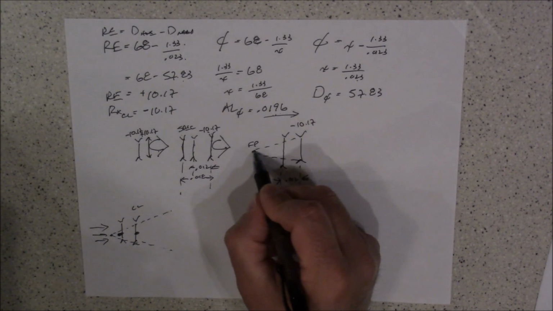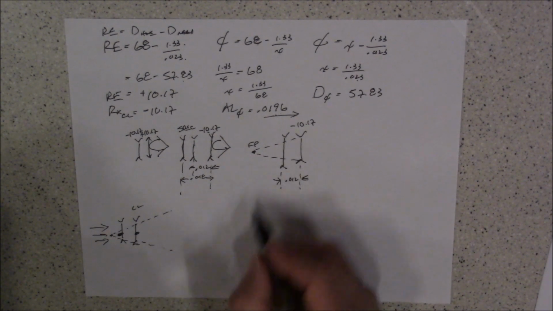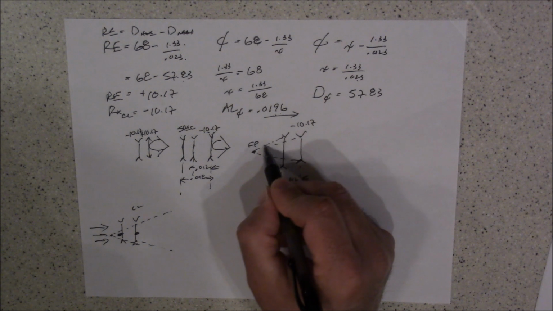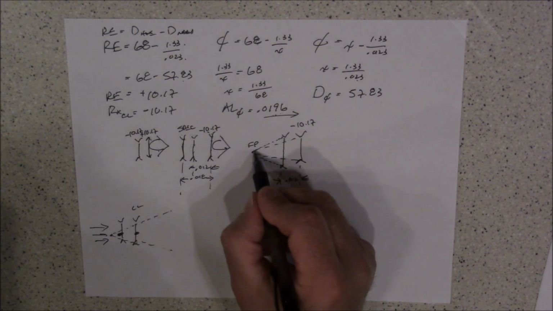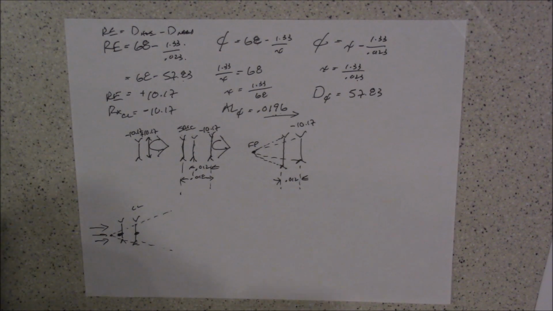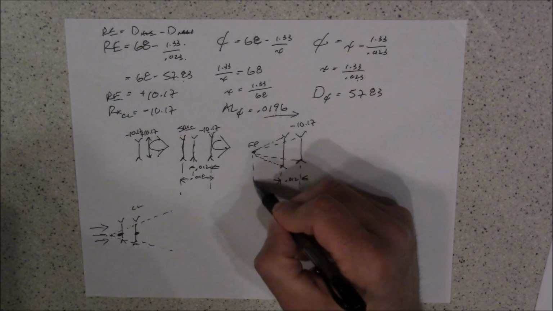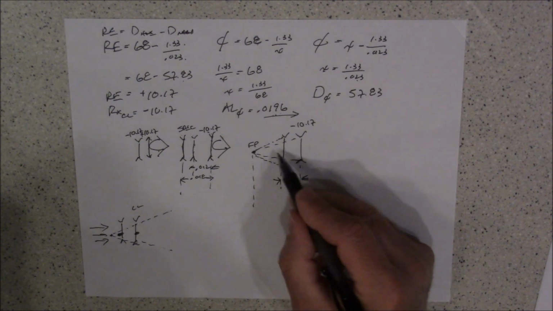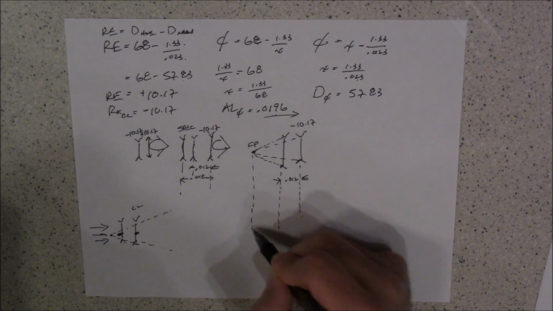Now, if this is the focal point of the contacts, the focal point of the specs needs to be in the same spot, which means the focal length of the spectacle lens has to fall in the same position here. So in other words, I need to know what the distance is from here to here. That's going to be the focal distance of the contacts, and I need to know what the distance is from here to here.